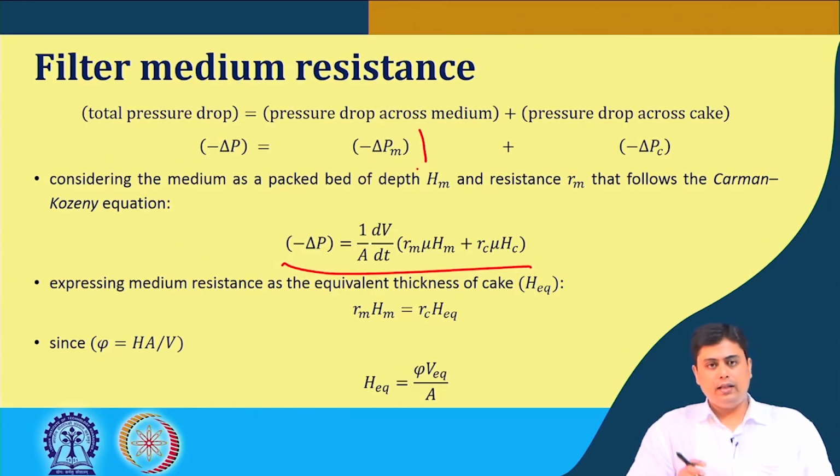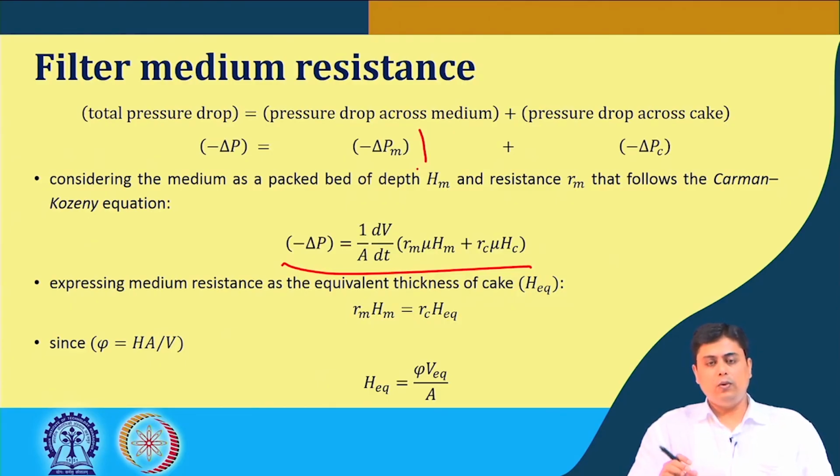Now again, this medium resistance that we have assumed as a packed bed resistance of a certain height or thickness, we have assumed that this resistance is basically resulting from an equivalent thickness of cake, which is Heq.